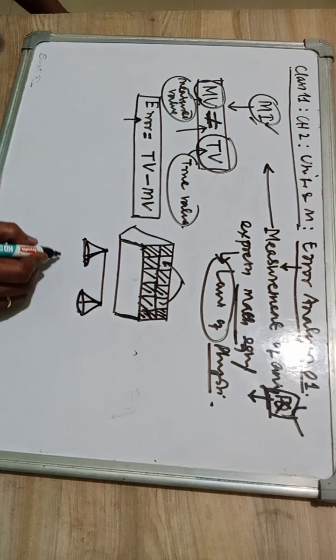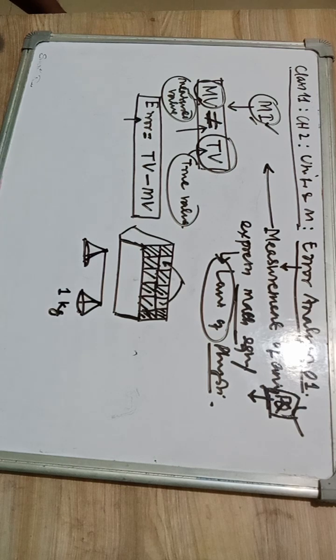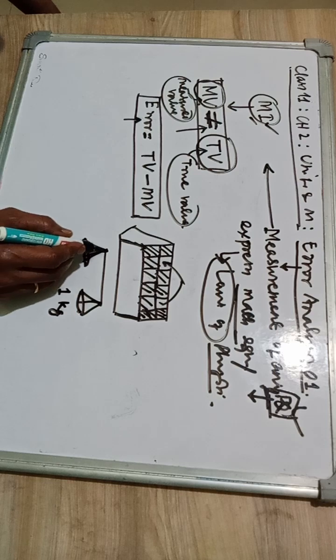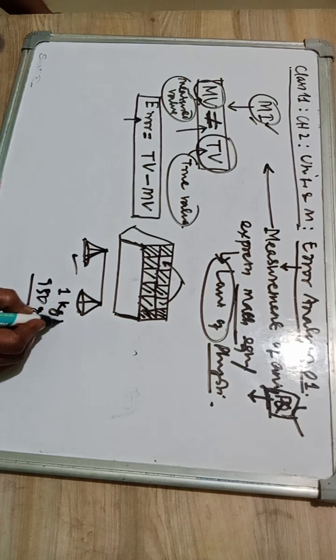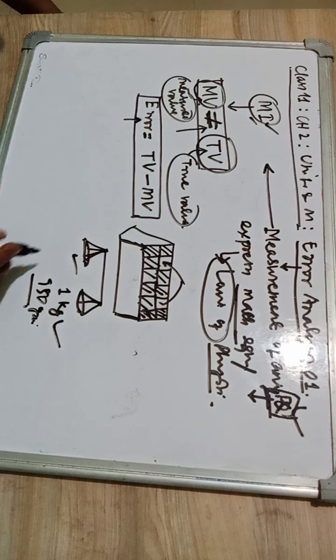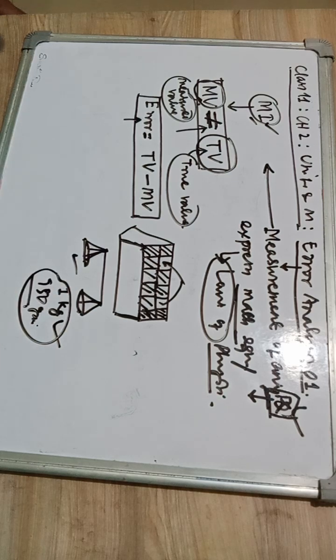As per price, we have paid for 1 kg of that item, but due to error in measurement, we got less than that, 950 grams, but we have paid for 1 kg. That is the difference or error we come across in every measurement.